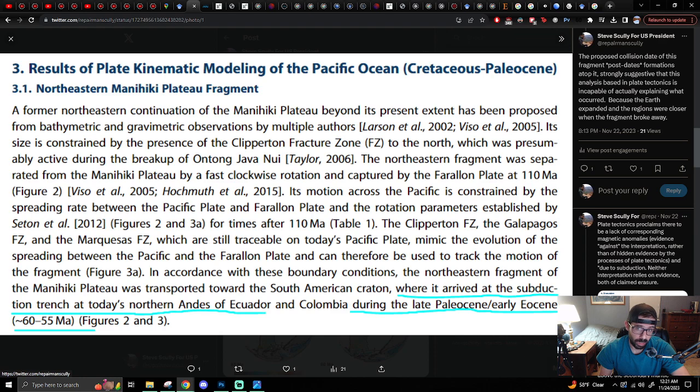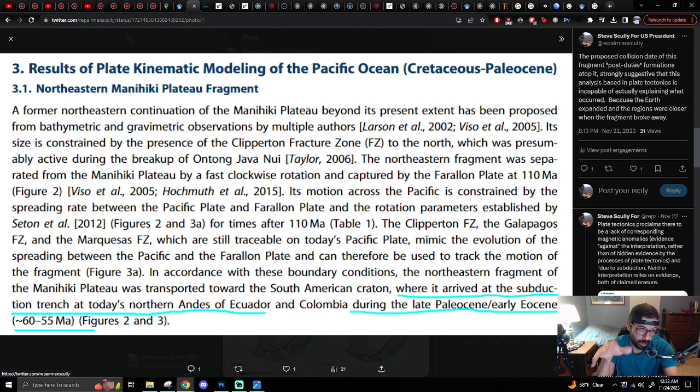So what I'm really saying is, imagine this piece of fragment on the Farallon plate is moving towards South America, according to plate tectonics interpretations, and somehow it is having formations, layers, and depositions atop it that don't really make sense.